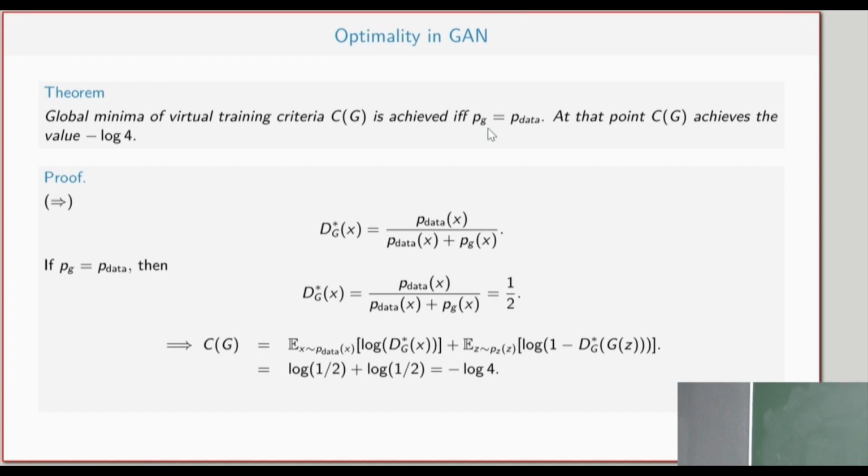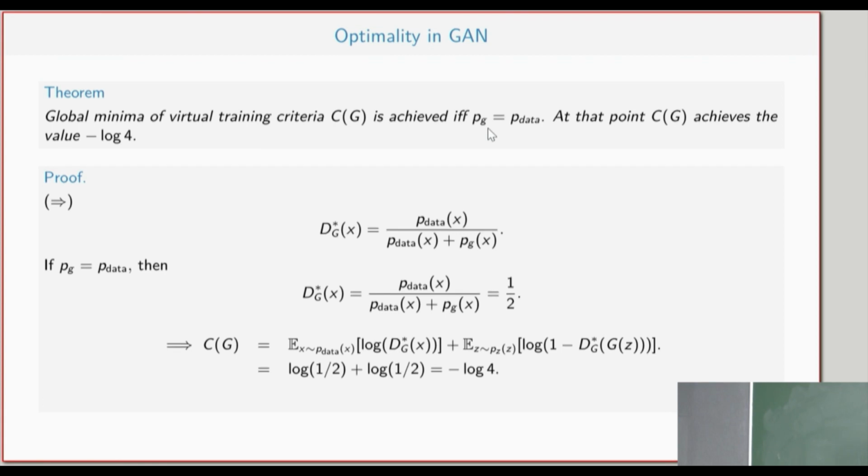We are still left with the minima problem. The remaining part, which is the minima, will be achieved if and only if, meaning both ways, if pg is p data, then the minimum is achieved.